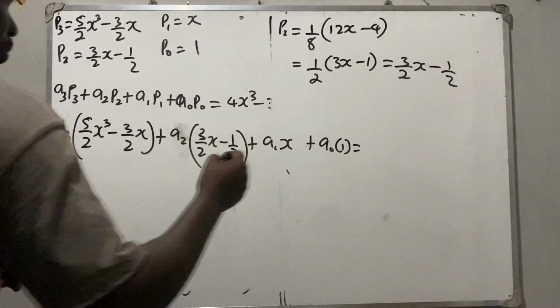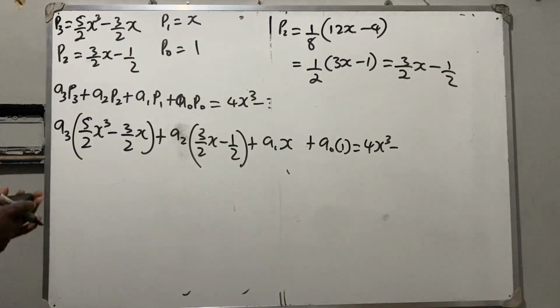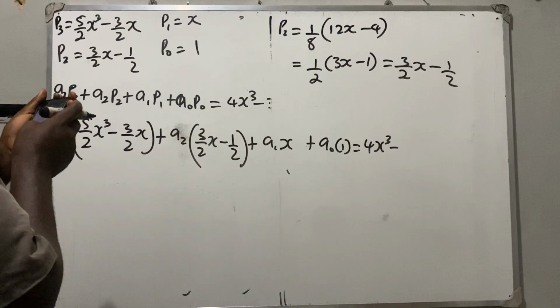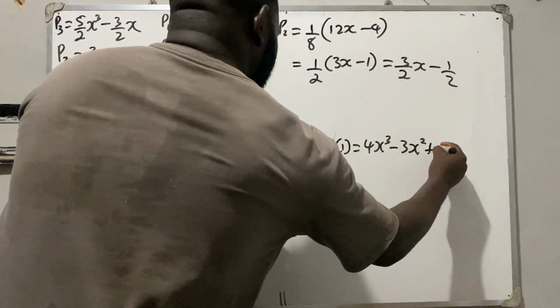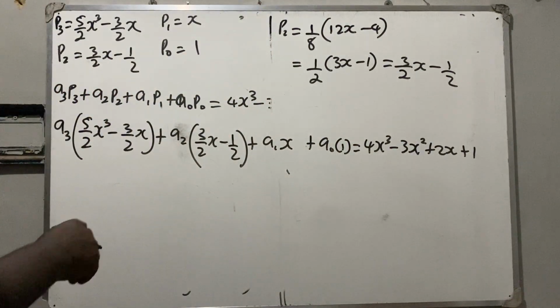And this is equal to 4x raised to power 3 minus 3x raised to power 2, then plus 2x plus 1. Okay, so having this now, let us now compare.